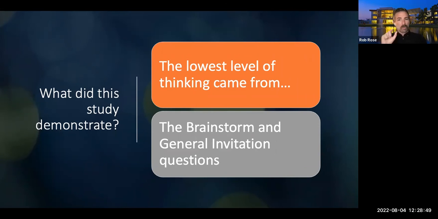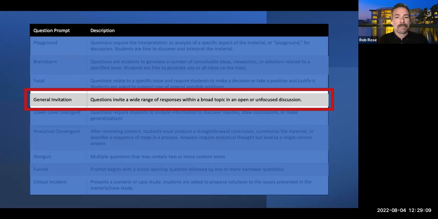The brainstorm prompt is one we talked about earlier, where they're just coming up with a list of ideas like you would in brainstorming. General invitation involves inviting a wide range of responses within a broad topic in an open or unfocused discussion.